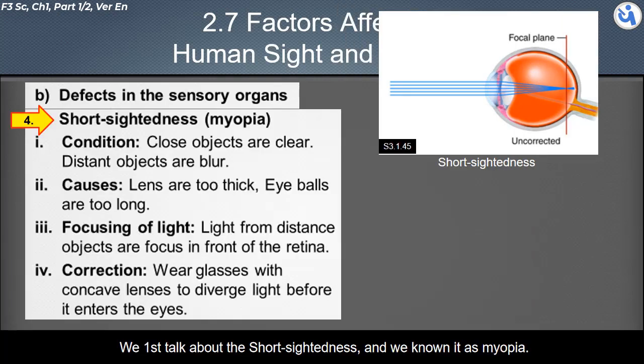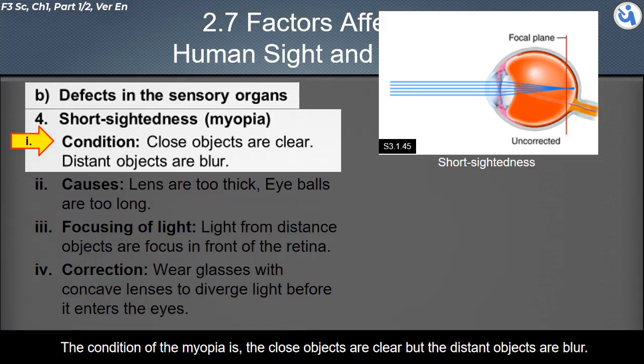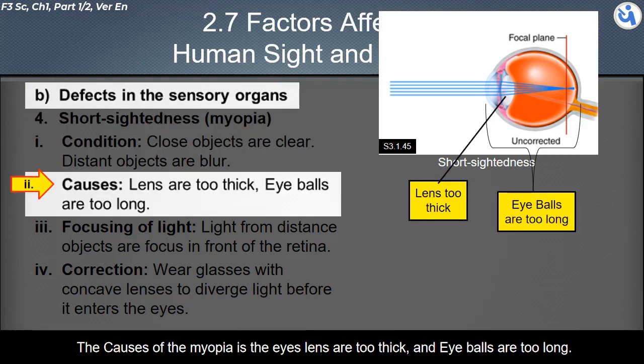We first talk about short-sightedness, which we know as myopia. The condition of myopia is that close objects are clear, but distant objects are blurred. The cause of myopia is that the eye's lens is too thick and the eyeball is too long.